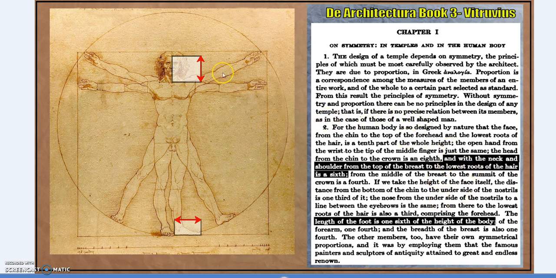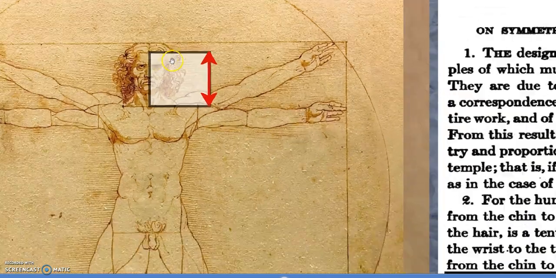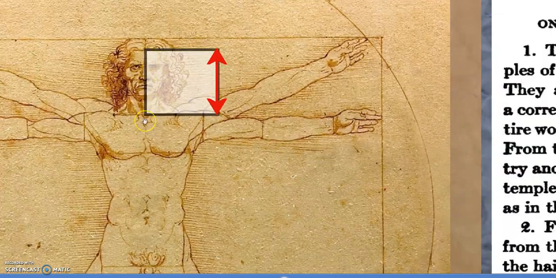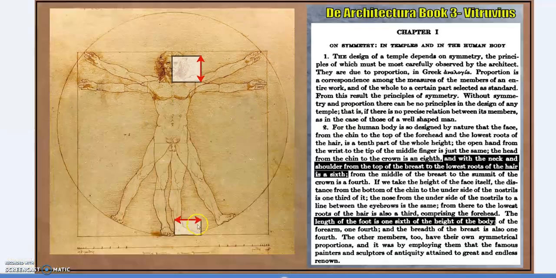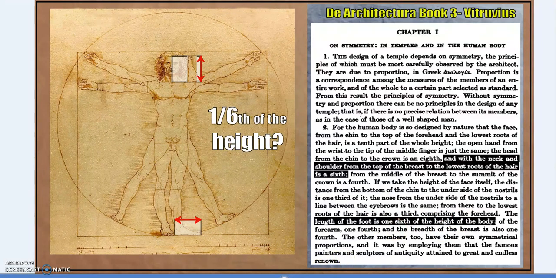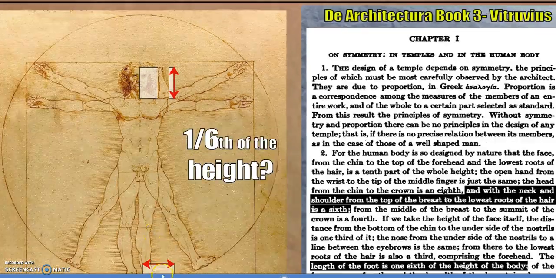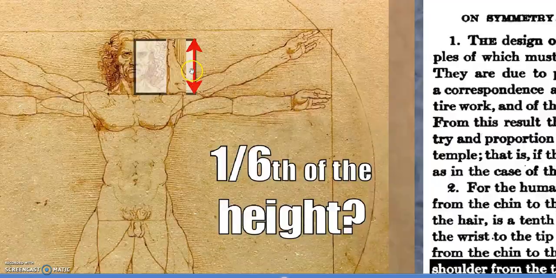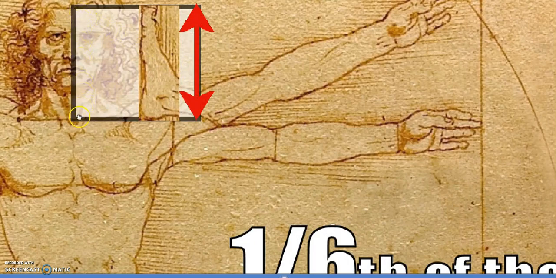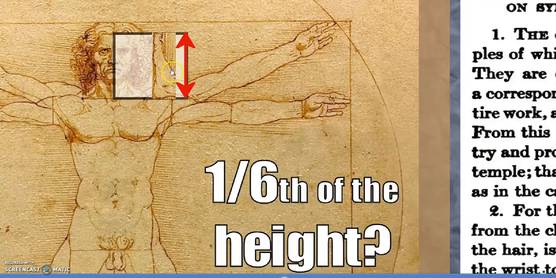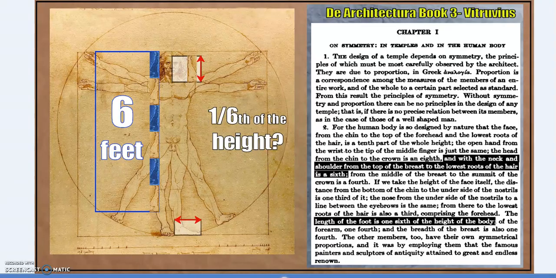Now he also says that from the tip of your hairline to the bottom of your neck is equal to the length of your foot, and that this should be 1/6 of the body. Well, there we see, so I've just cut the foot, placed it next to the hairline to the bottom of the neck, and that does match on the Vitruvian diagram.